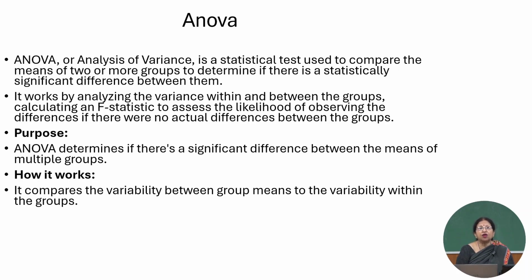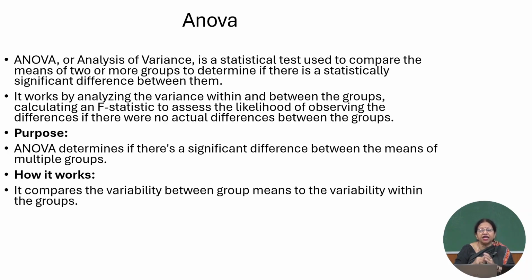So ANOVA, or analysis of variance, is a very, very powerful statistical tool. It is very important because it determines if there is any statistical difference between two groups, two sets of data.